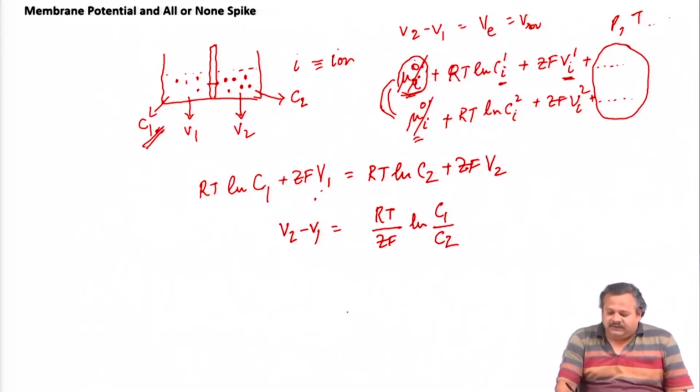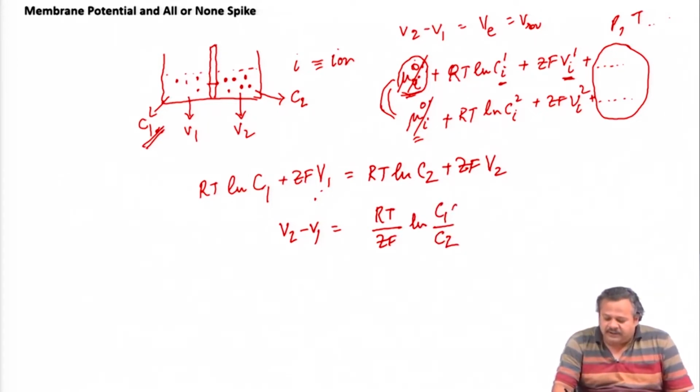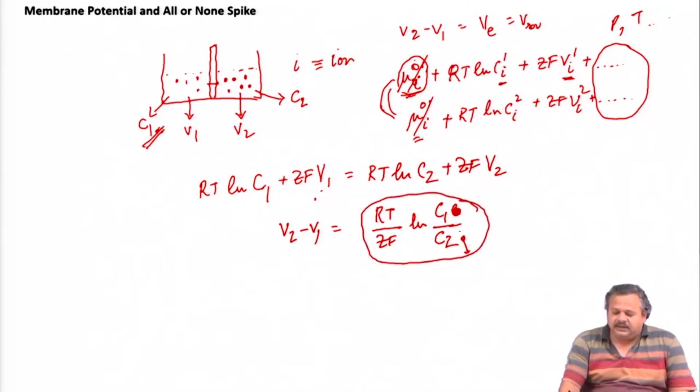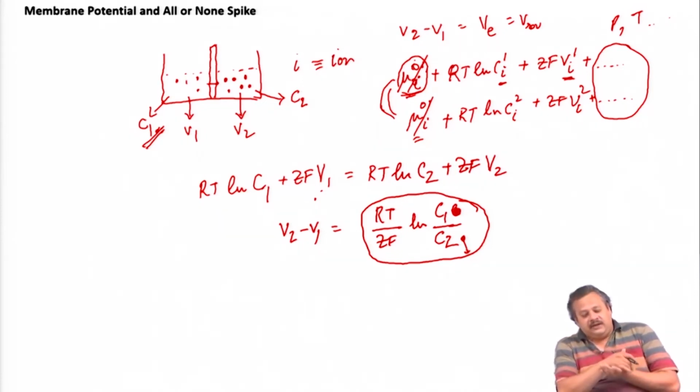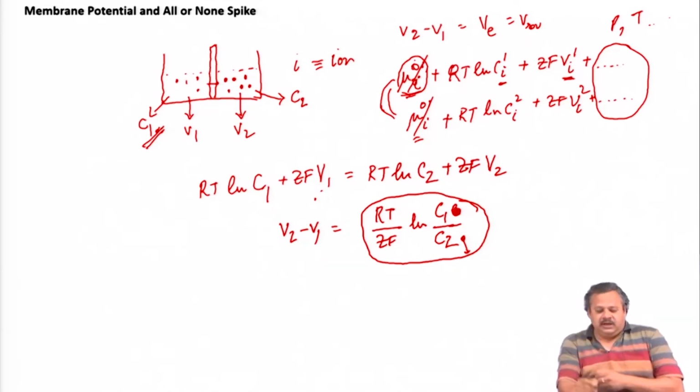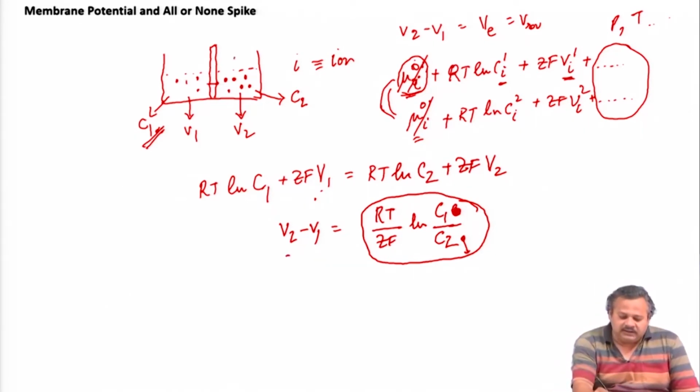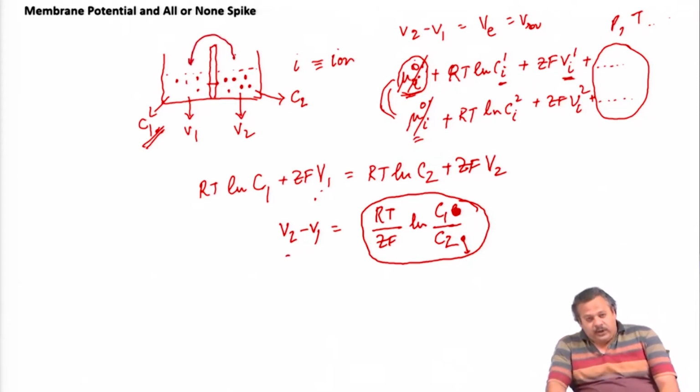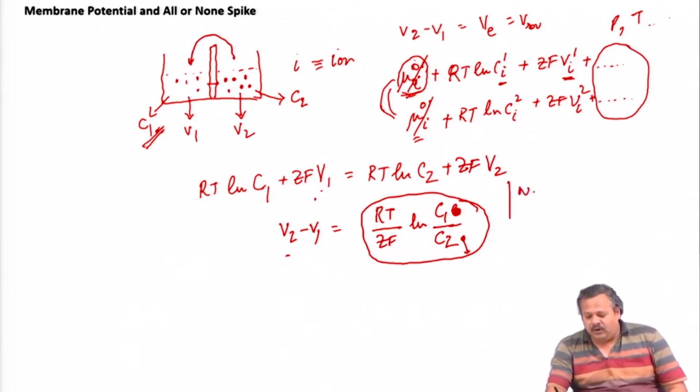If we have a particular concentration of an ion as C1 on one side and C2 on the other side, then the right hand side of this equation provides us the difference in potential on the two sides, that is V2 minus V1, at which the ion will be at equilibrium, and so there will be no net current flow across the membrane.